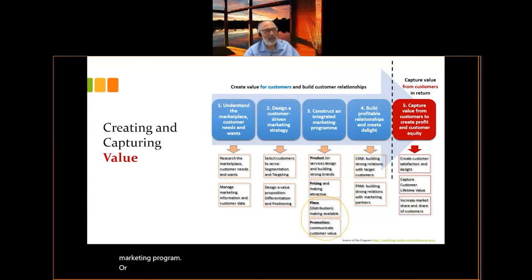Here you find 4 P's: product, price, place, promotion. I'm going to point them out for you so that you can see them here. Product, price, place, promotion, right?